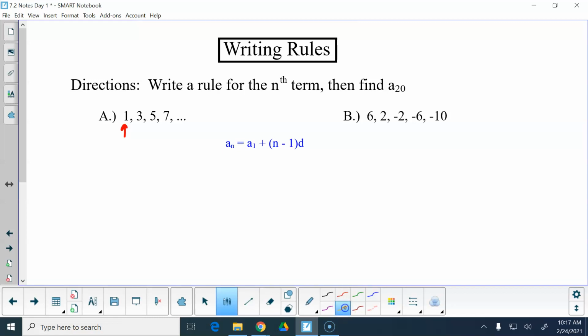The common difference is what it takes to get to the next term. In this case, the common difference, D, is positive 2. We're adding 2 every single time.